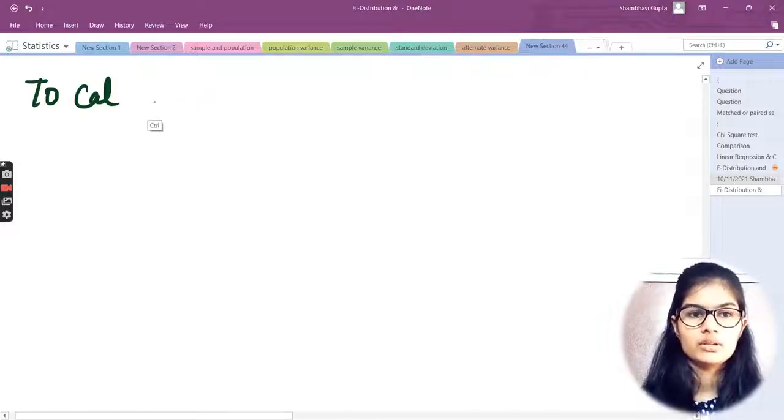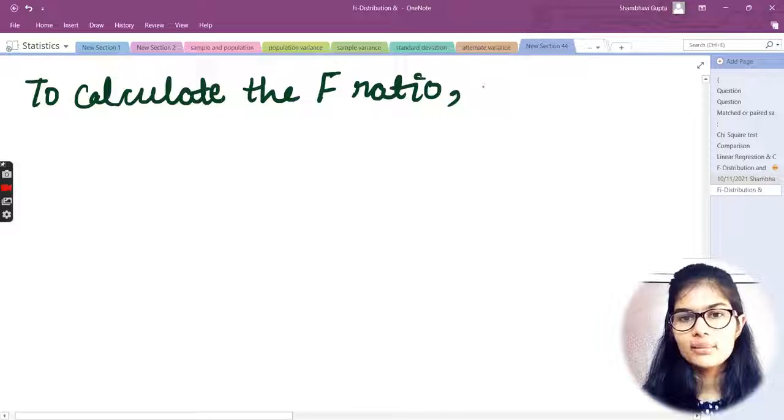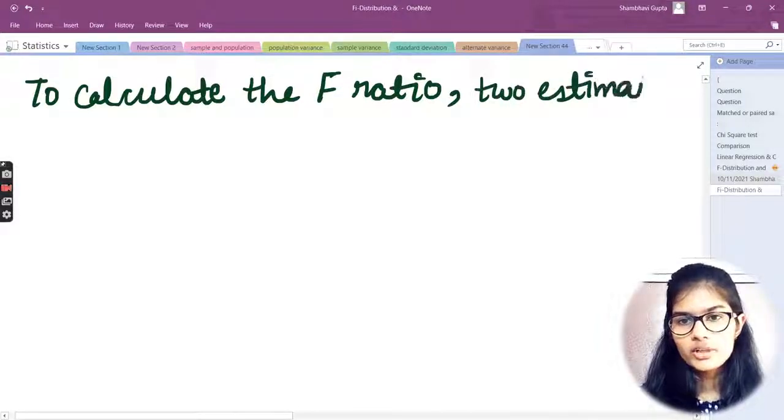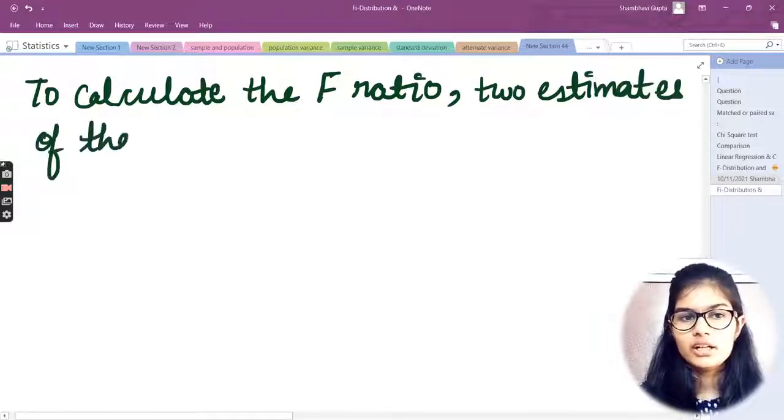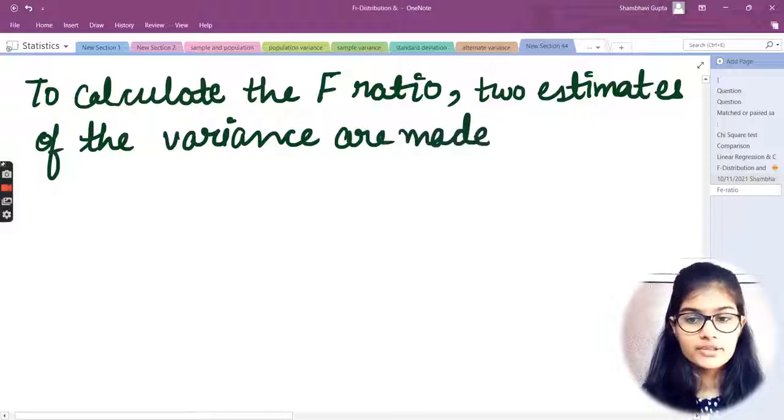To calculate the F ratio, two estimates of the variance are made.